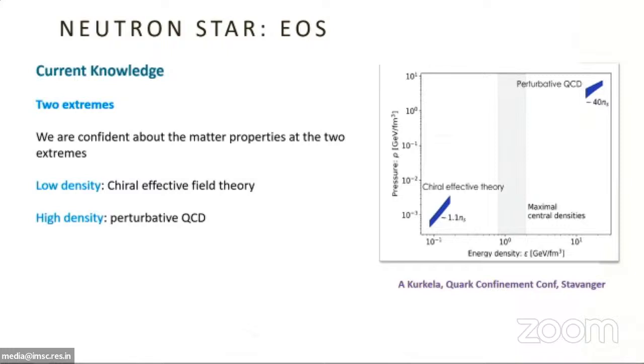The current knowledge is that we know the equation of state to a great degree up to nuclear saturation density, and also at asymptotically high densities, because of the pQCD calculations. However, at intermediate densities, we don't have any information.